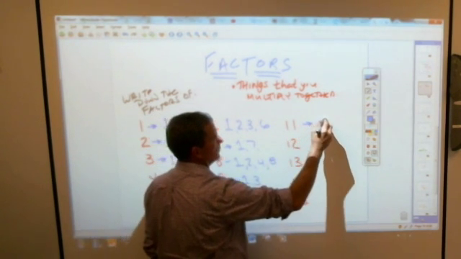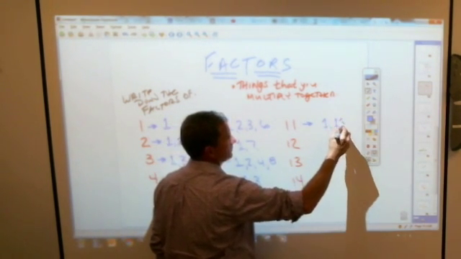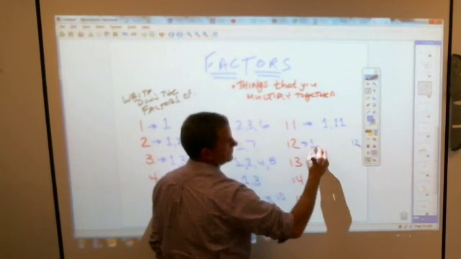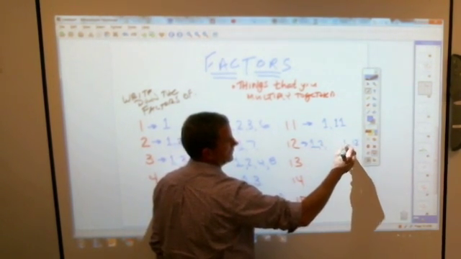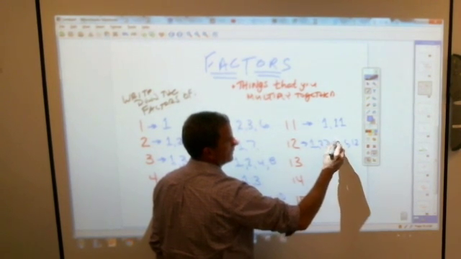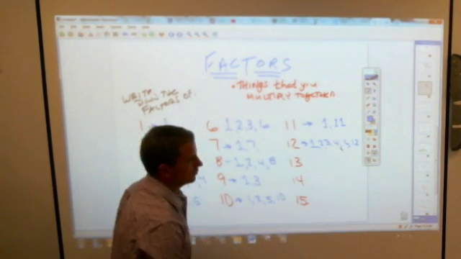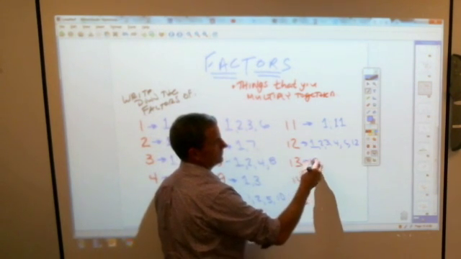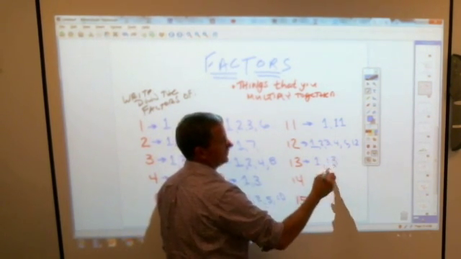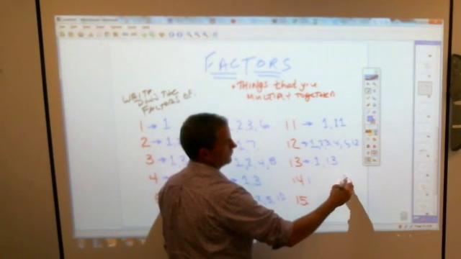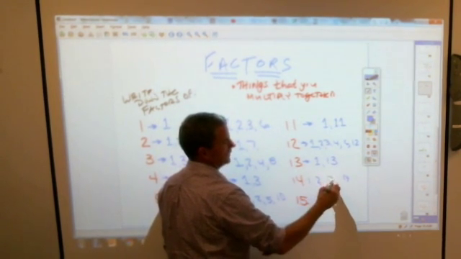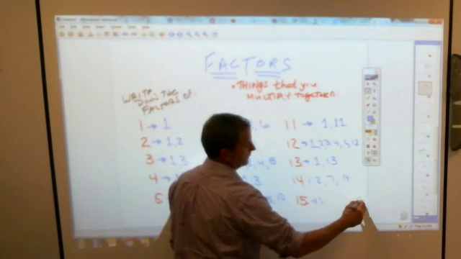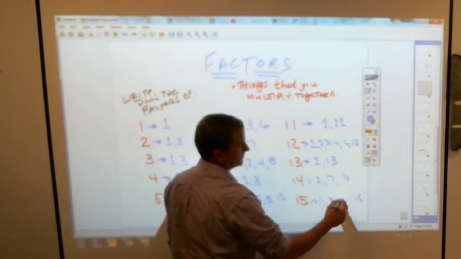It's just simply 1 and 11. 12 is 1 and 12, 2 and 6, 3 and 4. 12 has 6 factors. 13 is just 1 and 13. 14 is 1 and 14 and 2 and 7. And 15, wrapping things up, 1, 15, 3, 5.